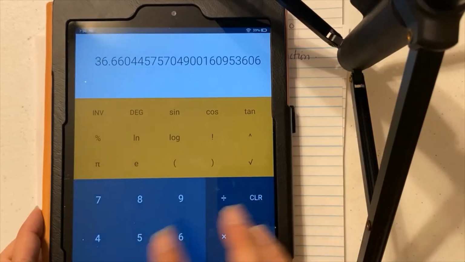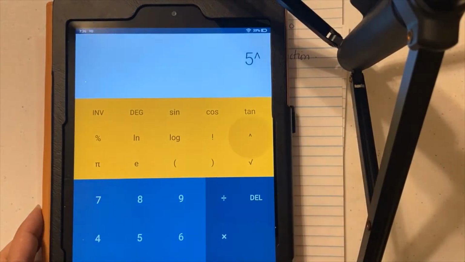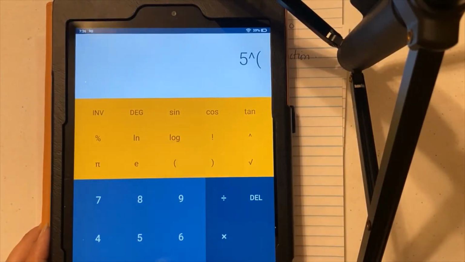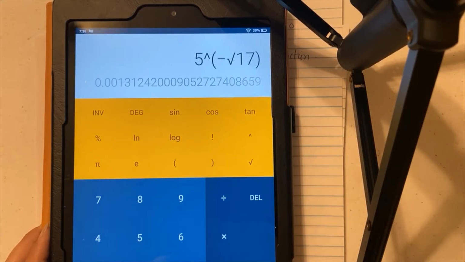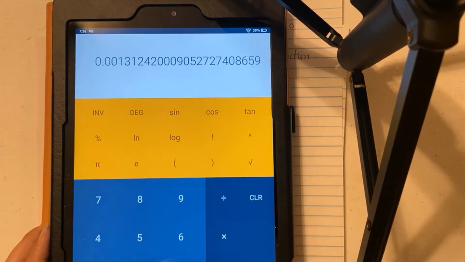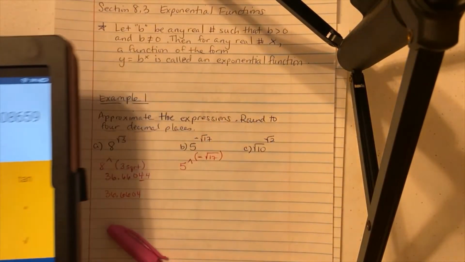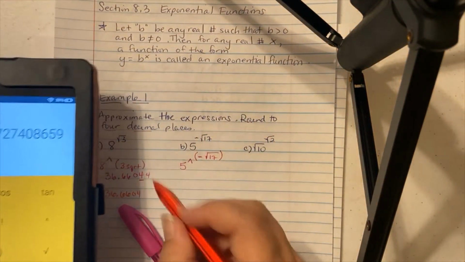it was a 5, so we're going to go 5 caret, parentheses. I'm going to hit my minus key. Square root, 17, close the parentheses, hit equal, and I'm getting 0.00131, which is what I'm going to write down.